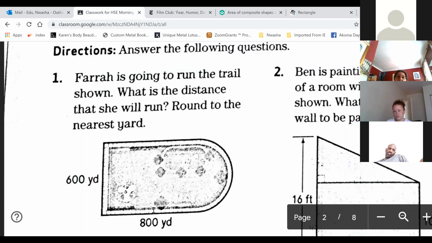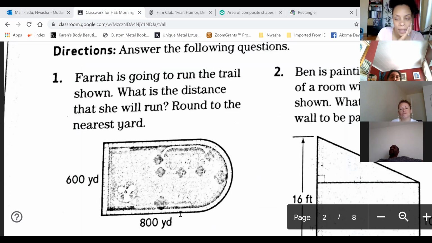So in order to think about perimeter, you're saying 800 plus 600 plus 800, and then when she starts to go around the semicircle, the diameter of that is going to be the same as the parallel side of the rectangle, which is 600. So you're doing pi times the diameter, pi times 600, but you only need half of that.